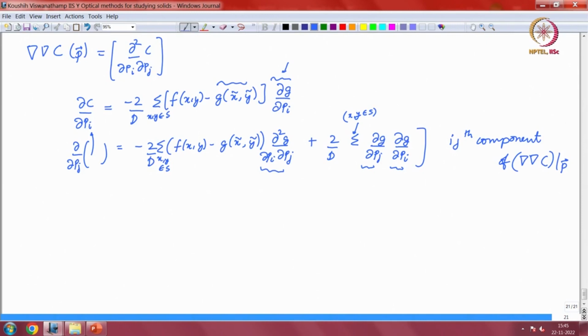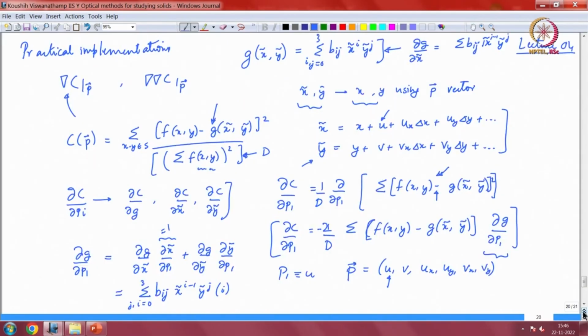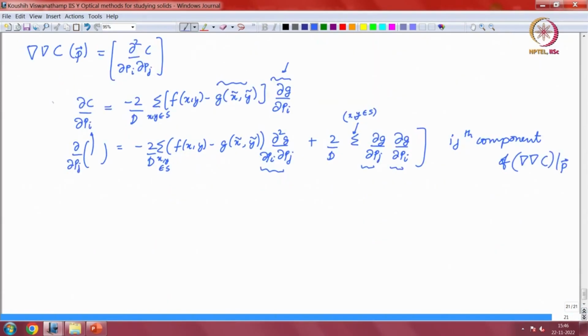We know how to evaluate grad C from here, each of these components. We know how to evaluate the Hessian from here with each of these components, and the iterative scheme needs only these two matrices. So, once you have these two matrices populated for a given value of p, you can just put it into the iterative scheme, get another p, and keep repeating this process.